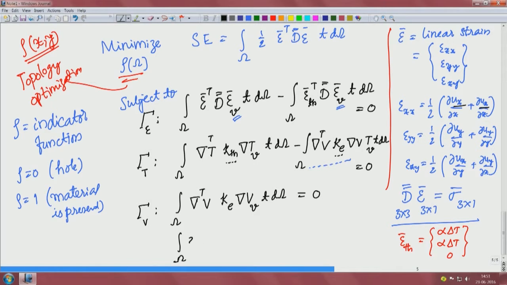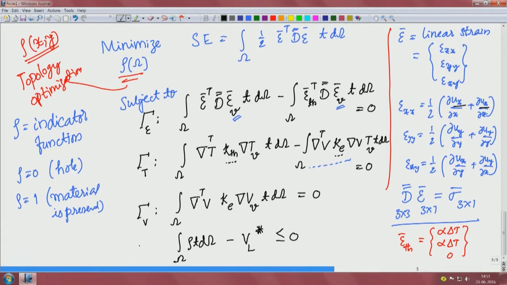If I take that rho and integrate over the entire domain, that should be less than or equal to V star, the volume star. So, I will just put VL, because V we have used for potential, electric potential. So, I will say VL here, that should be less than or equal to 0.